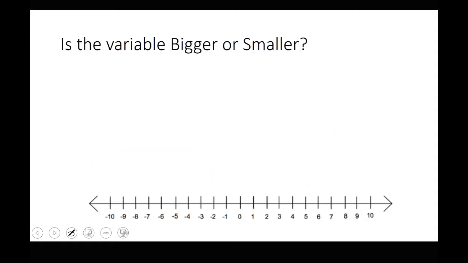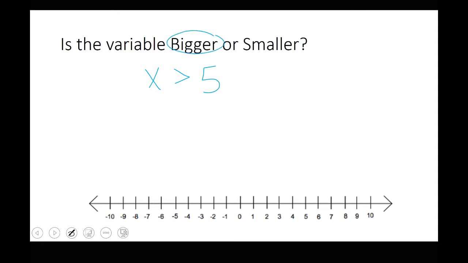Okay, so I feel like the easiest way to talk about these is to ask this question: is the variable bigger or smaller? So if I have x is greater than 5, so if you hear the way I read that, x is greater than 5, answer the question: is the variable bigger or smaller?